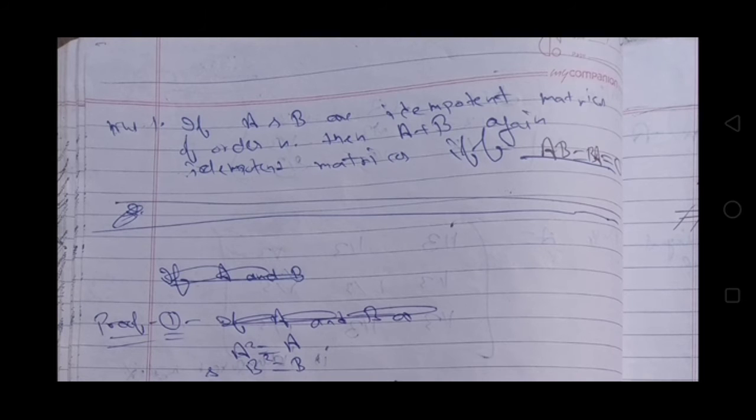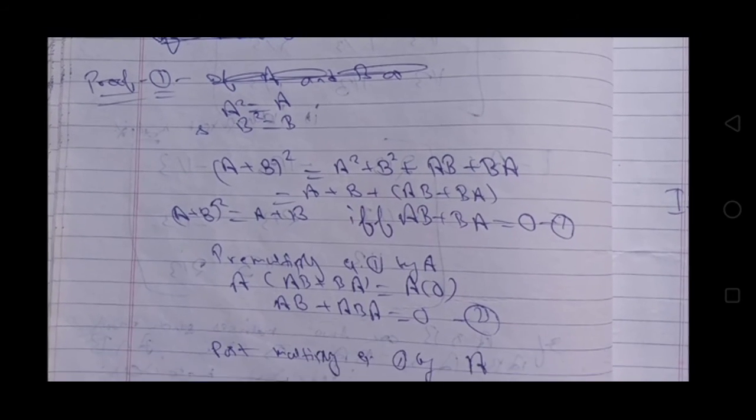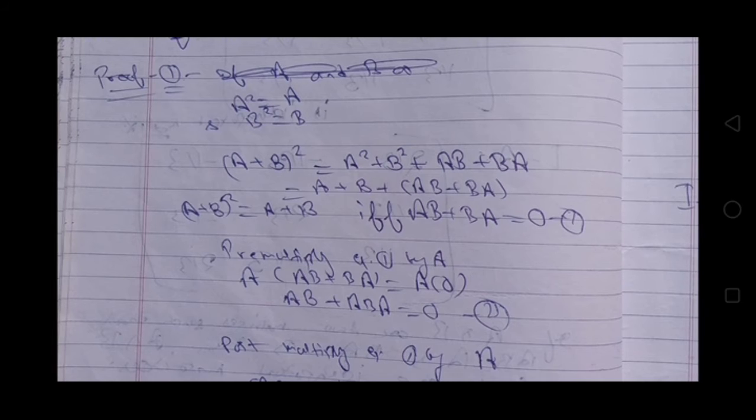Now see this question. If A and B are idempotent matrices of order n, then A plus B is again an idempotent matrix if and only if... Now as it has been mentioned that A and B are idempotent matrices, so A square is equal to A and B square is equal to B. Now (A plus B) whole square is equal to A square plus B square plus AB plus BA.